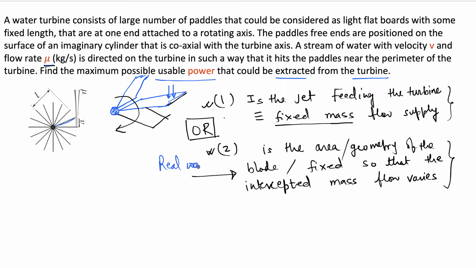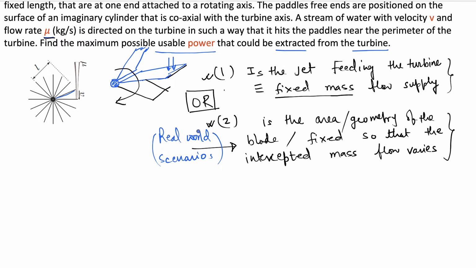So you would have seen such a turbine, and it follows this model because when the blades start moving, the amount of water that it should receive because of the flow from this jet is going to be dependent upon the velocity of the blade itself. Okay, and we will see why.